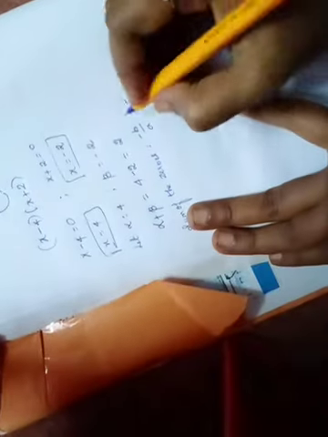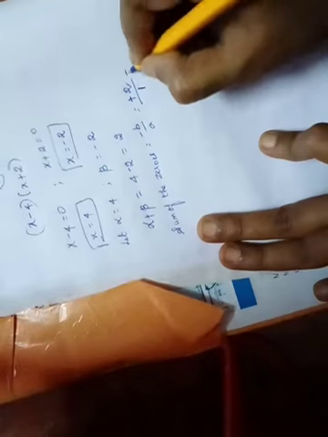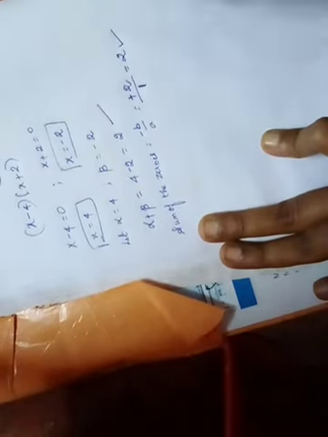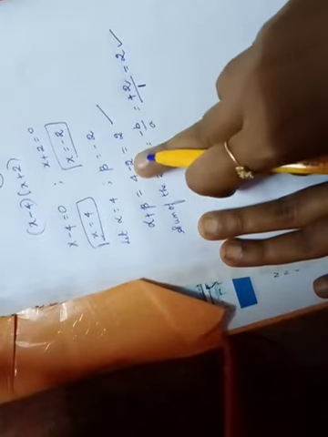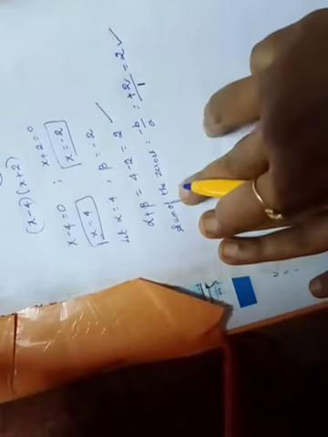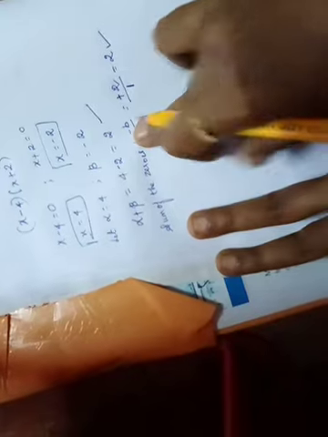So minus of minus becomes plus, and the value of b is 2, divided by a, which is 1. So 2 by 1 is nothing but 2. Here you are getting 2, and here also you are getting 2. So both are verified. By using the zeros you are getting the sum as 2, and by using the formula also you are getting the sum as 2. So we have verified both the answers.